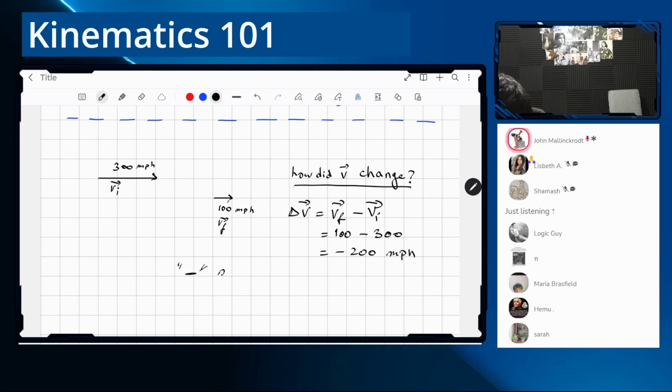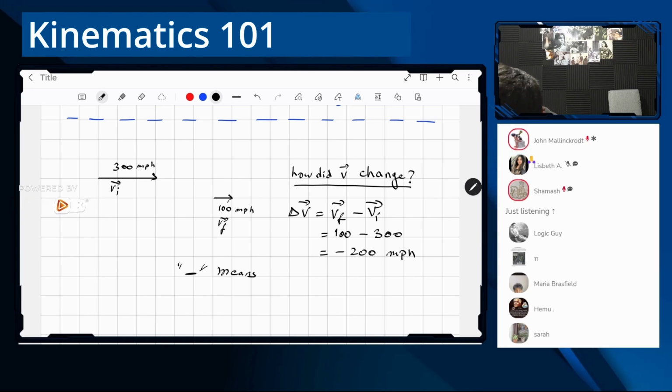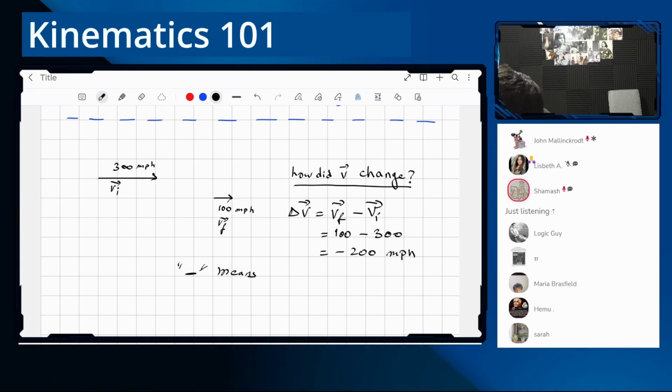Okay, so the equation you've drawn there kind of has the problem of mixing scalar kinds of ideas with vector ideas. What we can do is, because they are along the same direction, I can simplify it.